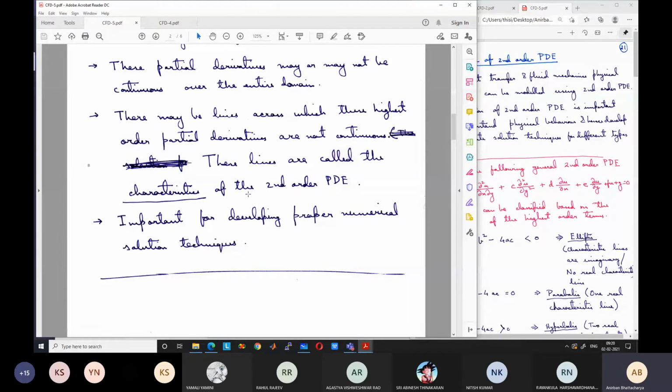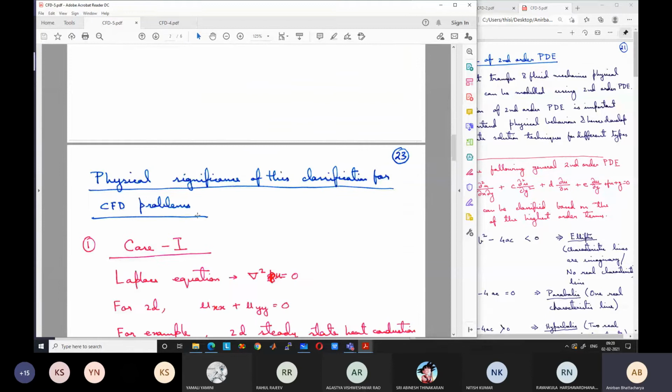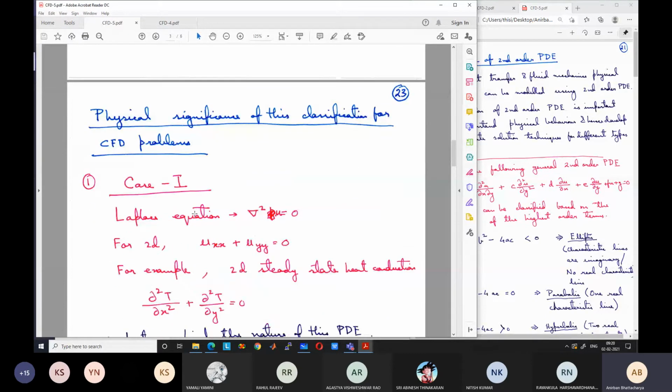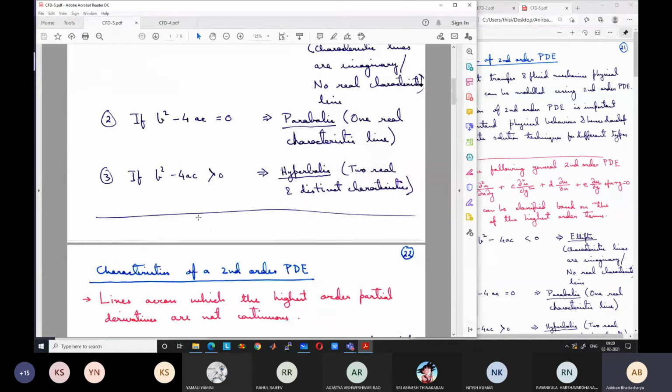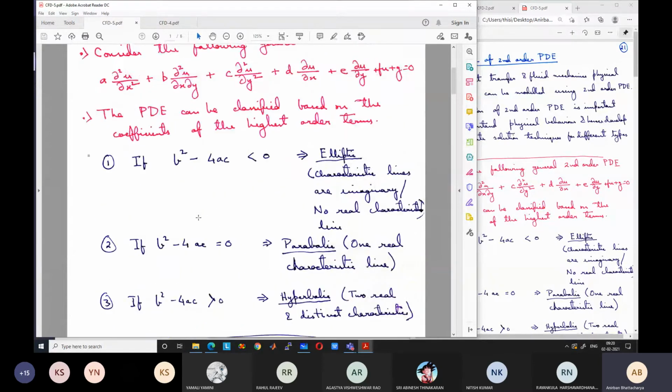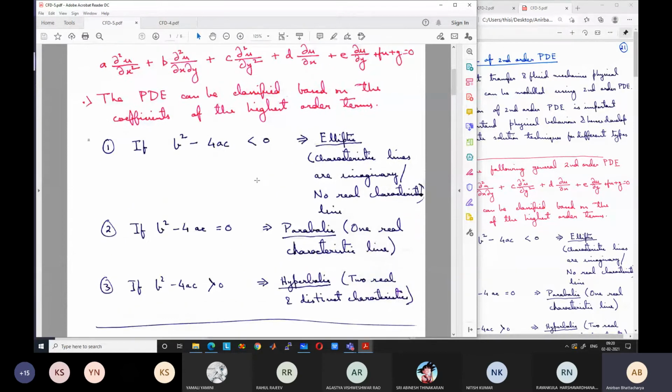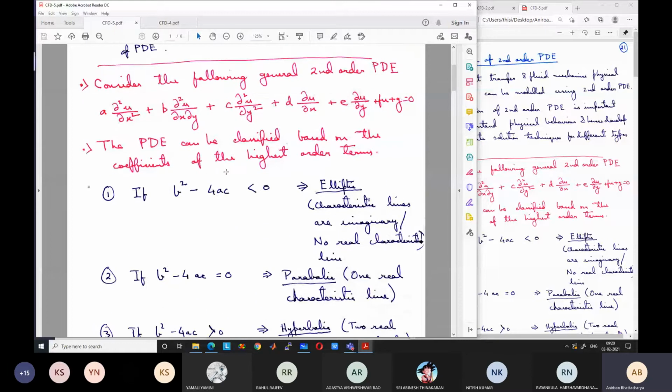Before going into some examples, which we will start today and continue in the next class, let us try to understand quickly, without going into the mathematics, why this term b square minus 4ac is relevant.